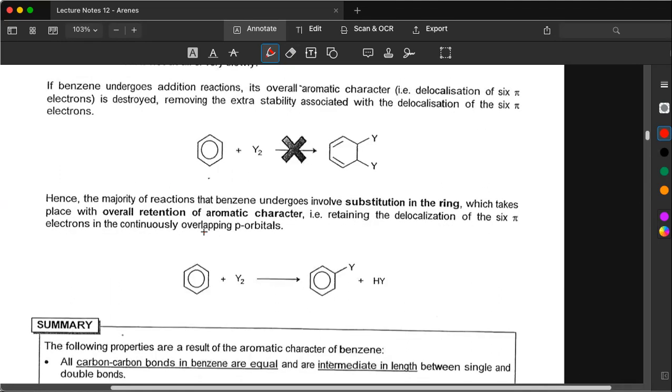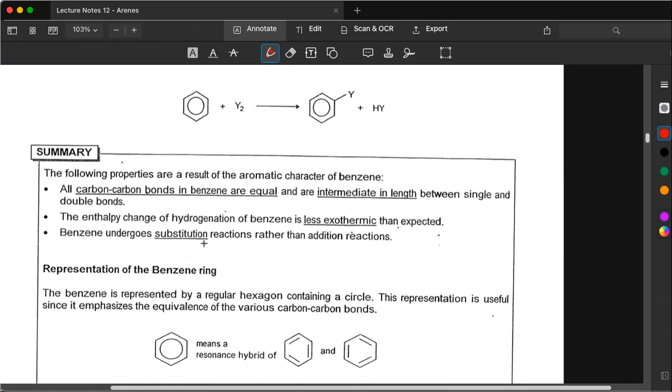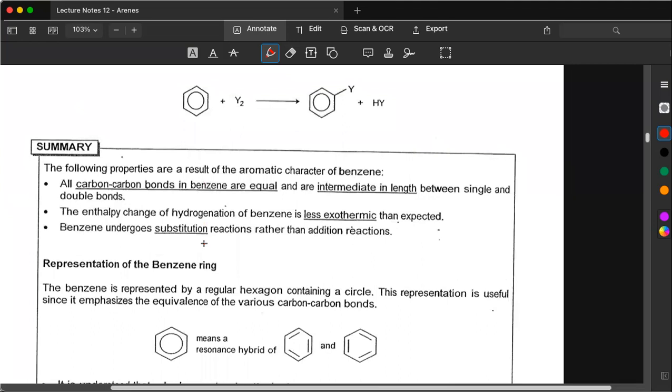Hence, the majority of reactions that benzene undergoes are just substitution in the ring, which take place with the overall retention of the aromatic character that retains the delocalization of the 6 pi electrons in the continuously overlapping p orbitals. So this is a summary of what we have gone through.